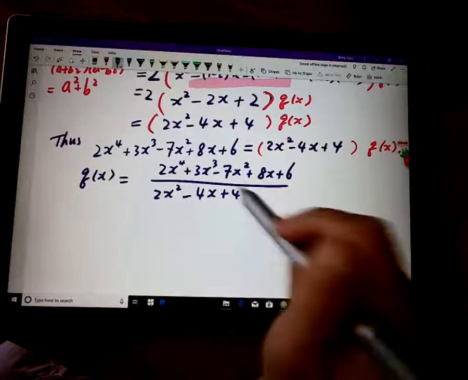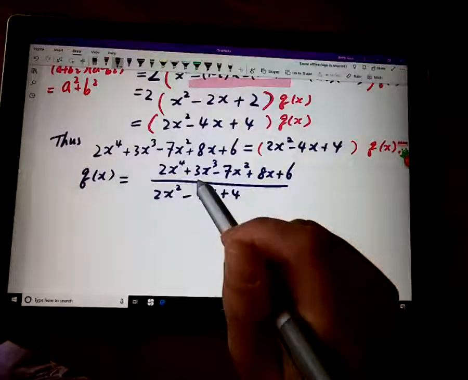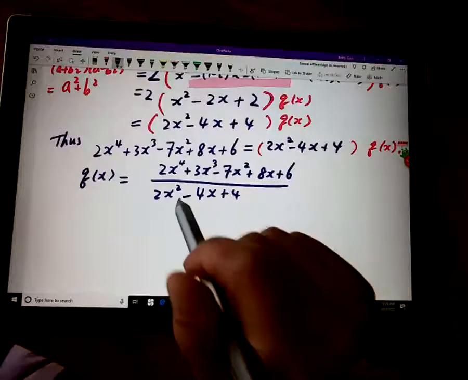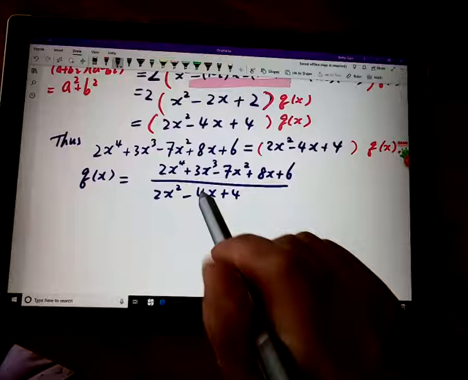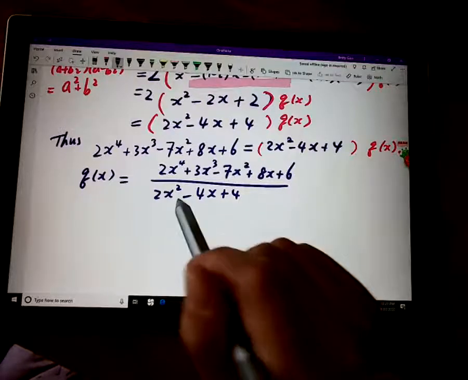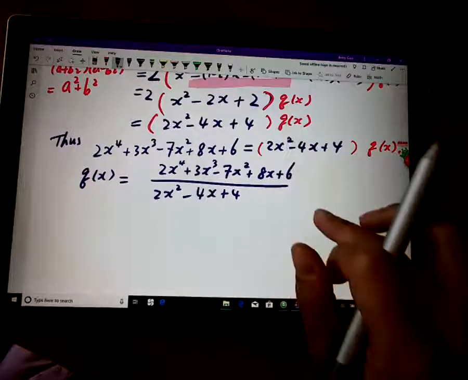Division of two polynomials: what method have we learned for finding the quotient? By the way, the synthetic method doesn't apply here, okay? The divisor is not linear. The divisor is degree 2, so we have no choice. What is the method again?